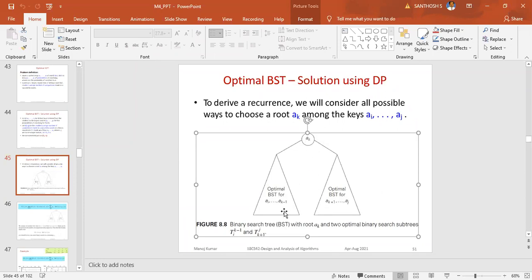The element before AK is AK minus 1, the element after AK is AK plus 1. So this is the binary search tree with root AK and 2 optimal binary search trees.